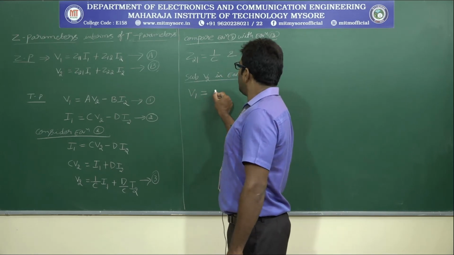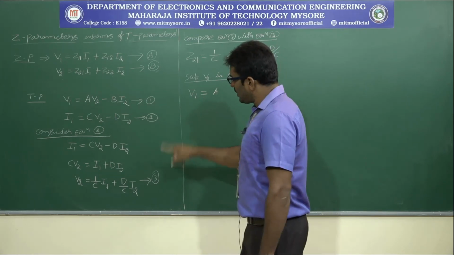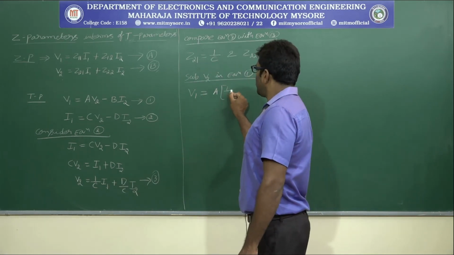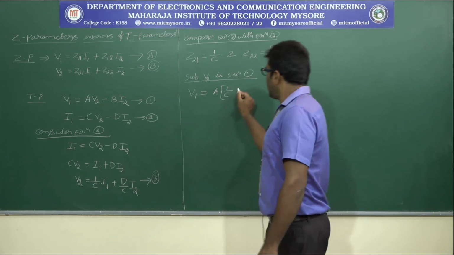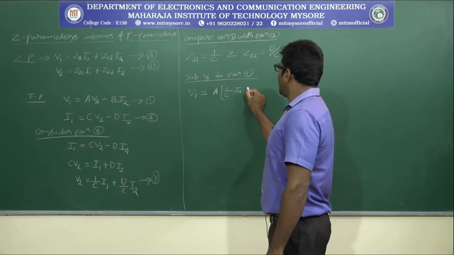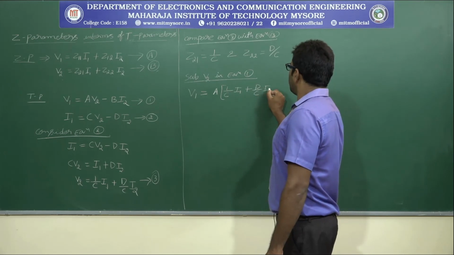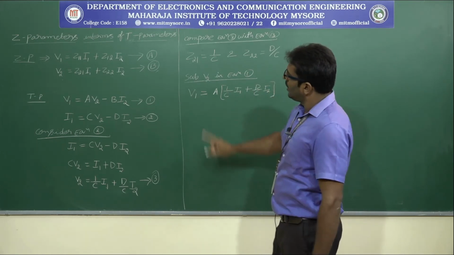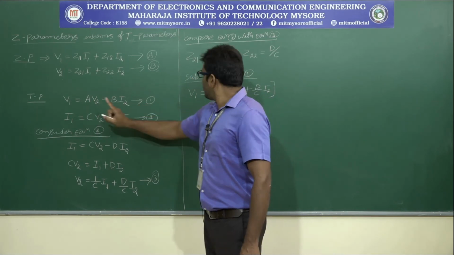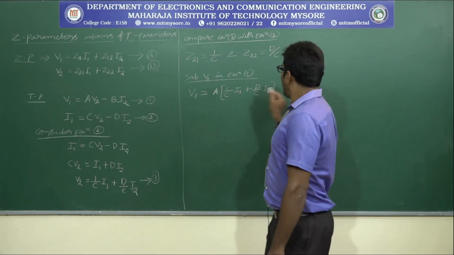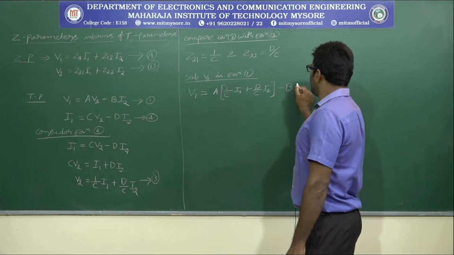V1 is equal to A into V2, close the bracket, minus B into I2.